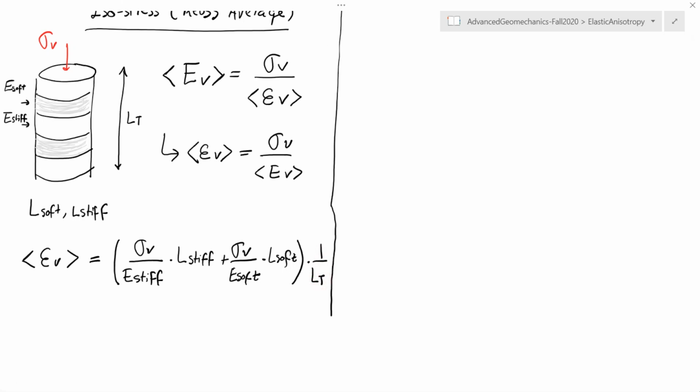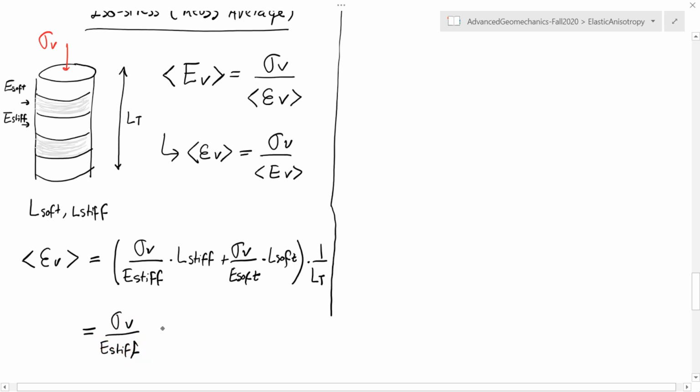So now that I have the effective strain, I can work a little bit more with this equation just to find a meaning for what we have over here. I'm going to bring this total length inside the parentheses. So here this is just going to be sigma v divided by the Young modulus of the stiff part, times the total length of the stiff layers divided by the total length of the sample.